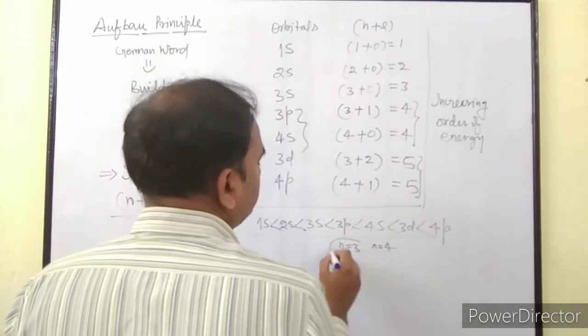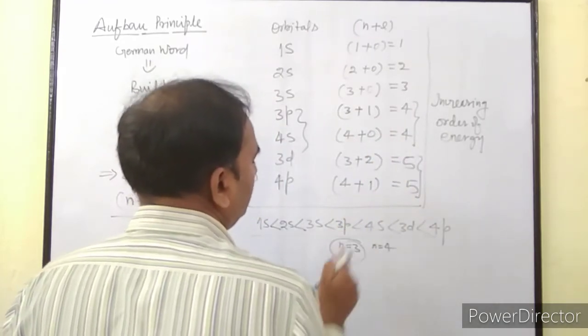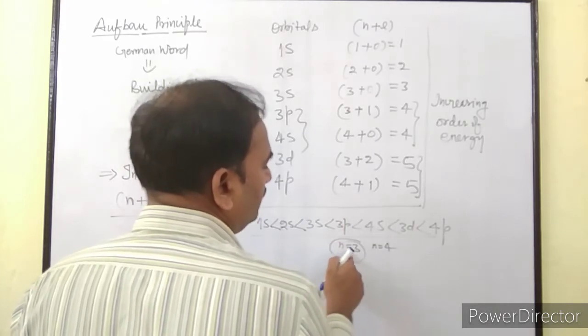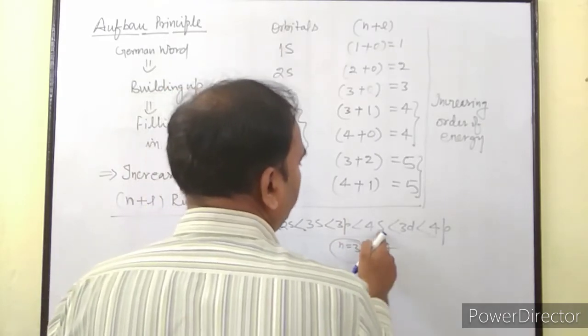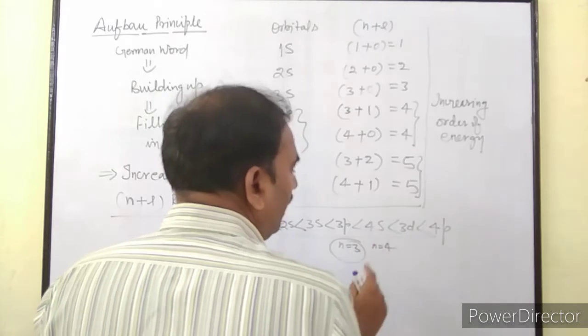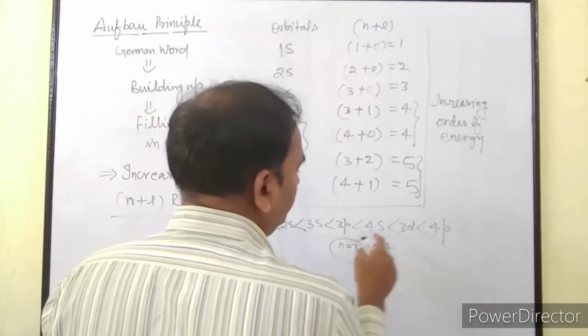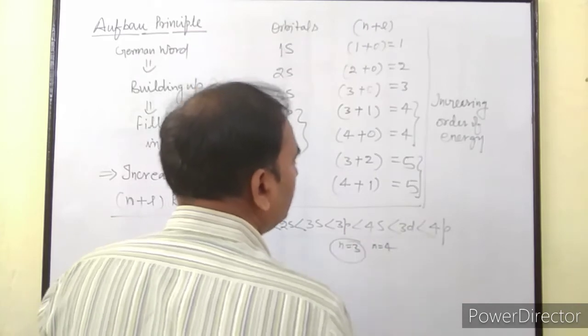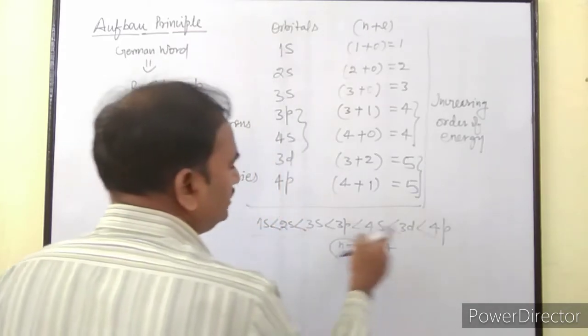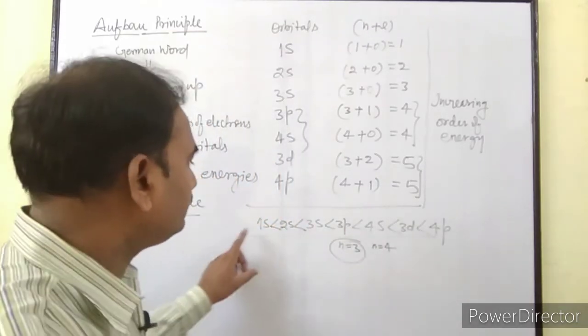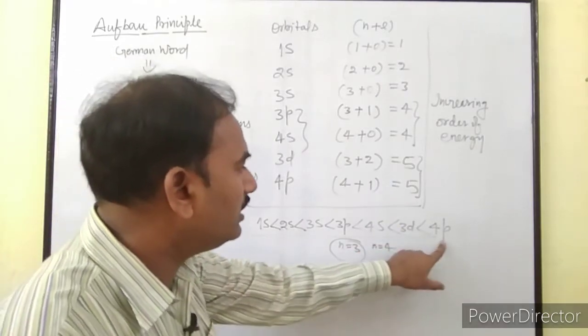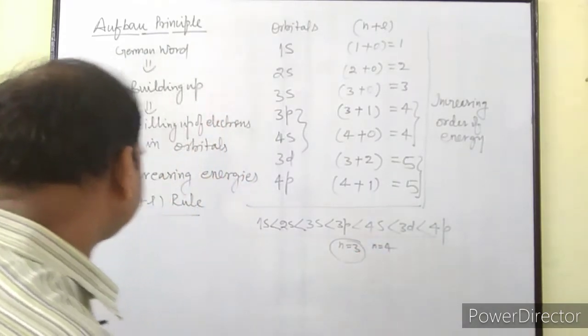So 3p is written first because it has lower value of principal quantum number n equal to 3, and 4s has higher value n equal to 4 than 3p orbital. So this is the order of increasing energy of orbitals.